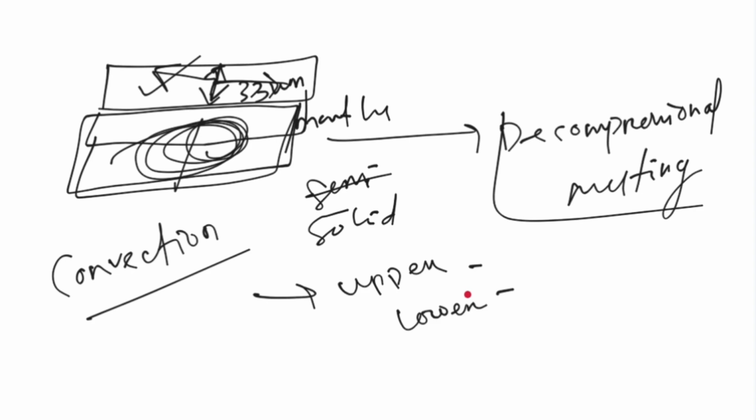MORB is a rock which proves there is convection, because it may come from the upper mantle or from the lower mantle. Now this is the rifted zone.